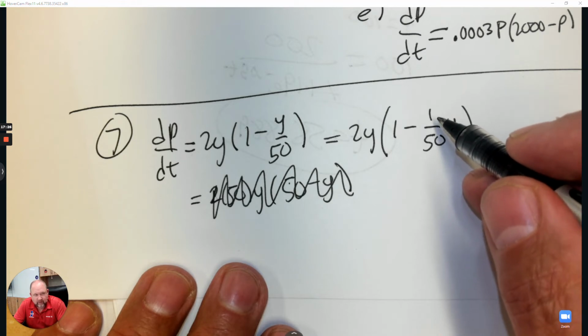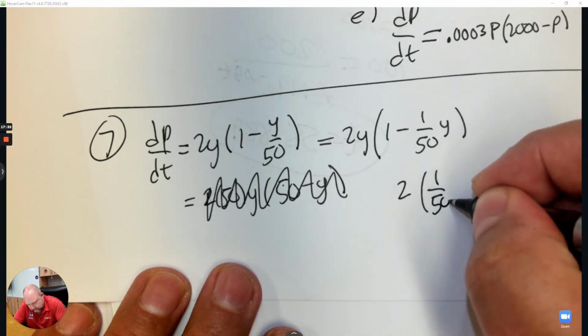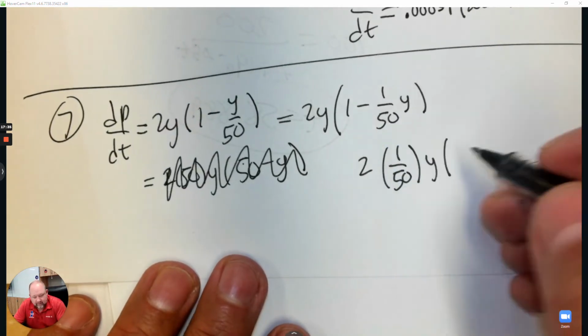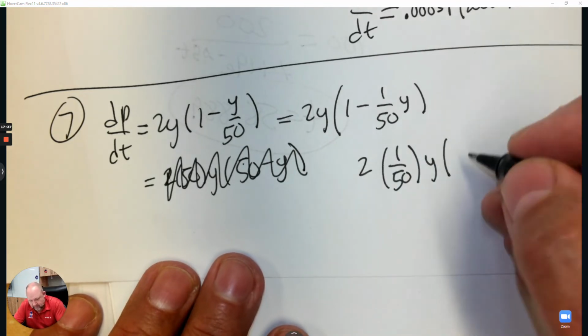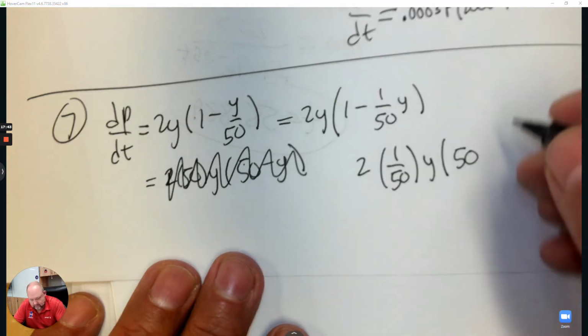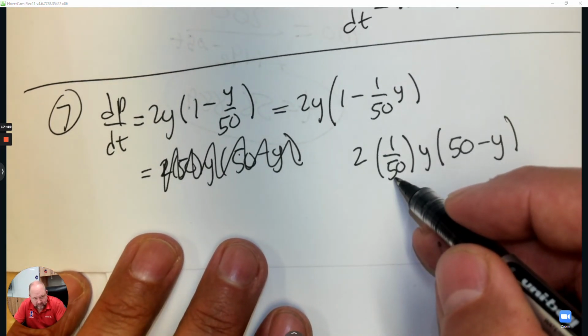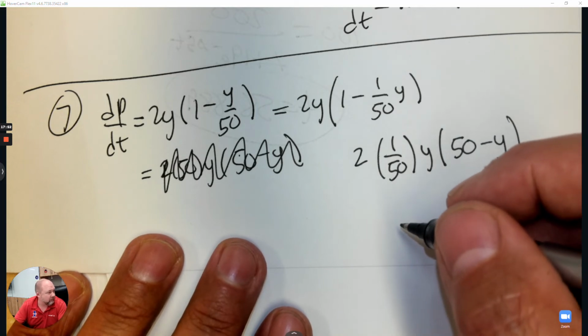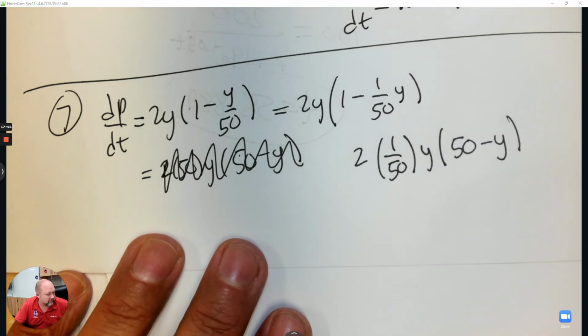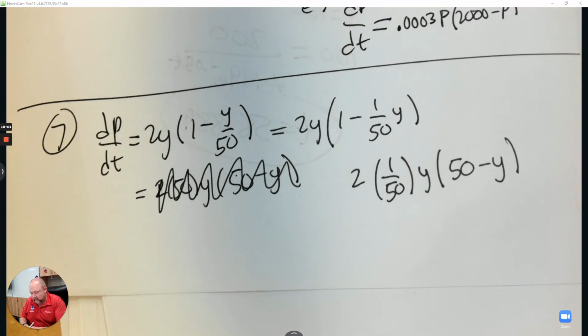So if I factor out a 1 over 50, then this must be 50, because 1 over 50 times 50 is 1. And then 2 divided by 50. I don't know what 2 over 50 is. 0.04? No. 0.03? What's 2 divided by 50? 1 over 25. 0.04.